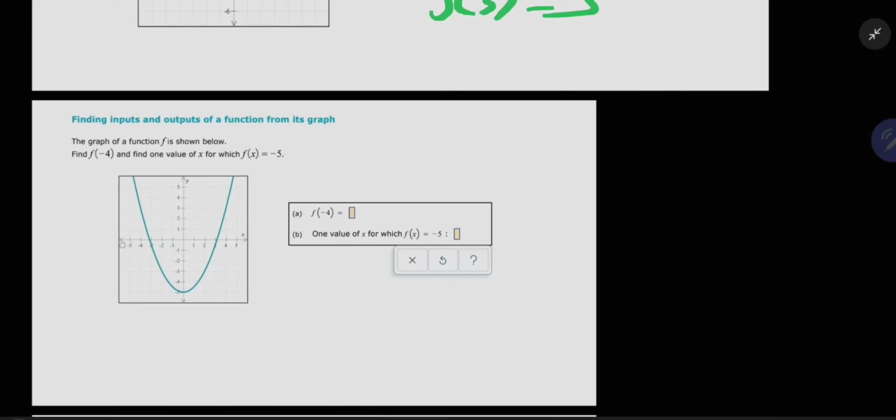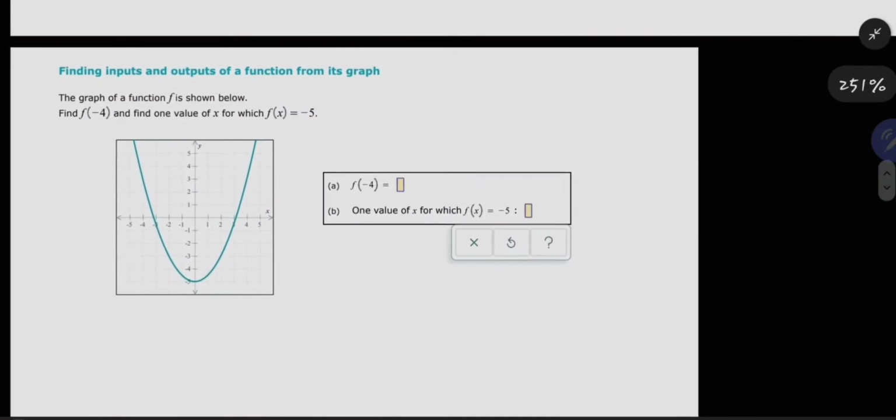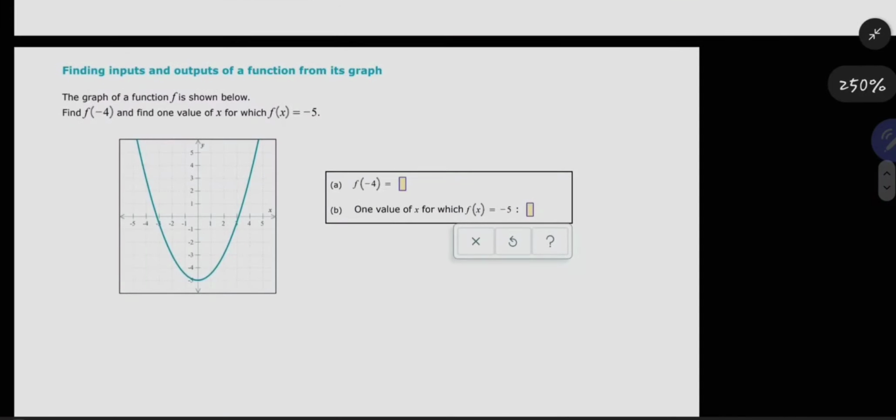So for this second graph, we want to find f of minus 4. And this is exactly the same process as I just showed you in the last graph. But then let's find x when f of x is minus 5.